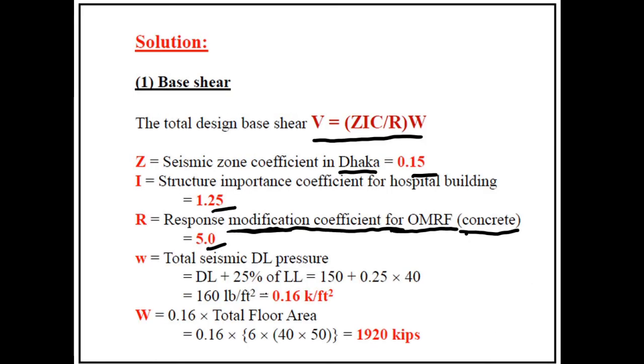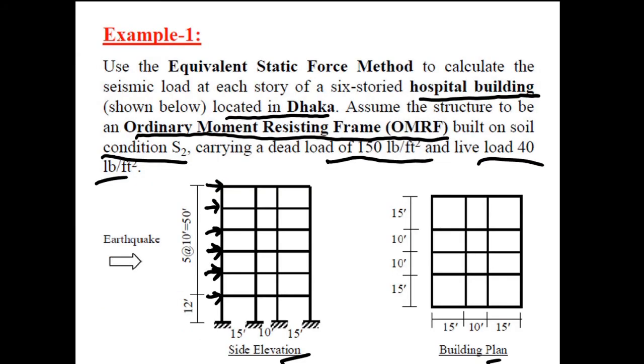Dead load is given as 150 and live load is given as 40. So the combination for determining W will be dead load plus 25% of live load. From here we will get the value as 160 pound per feet square. It is given in pound per feet square, so now if we want to calculate the total load, we need to multiply with the area as well.